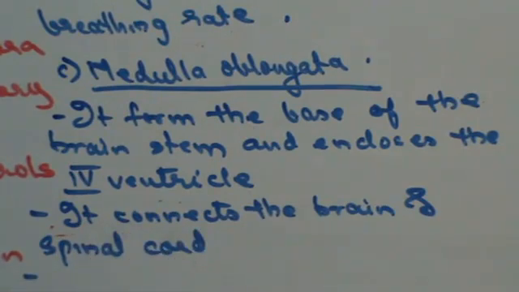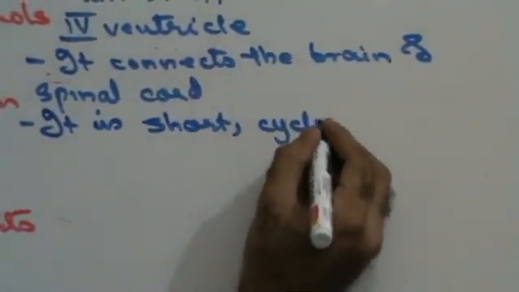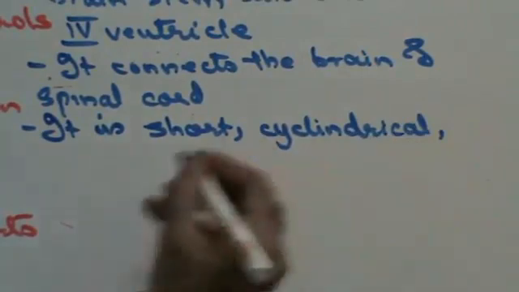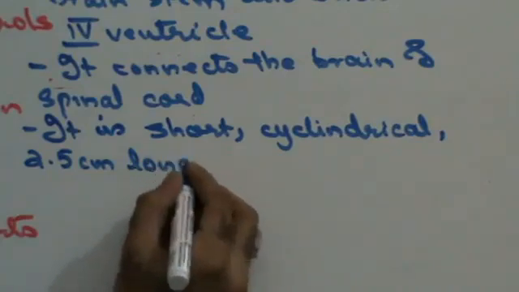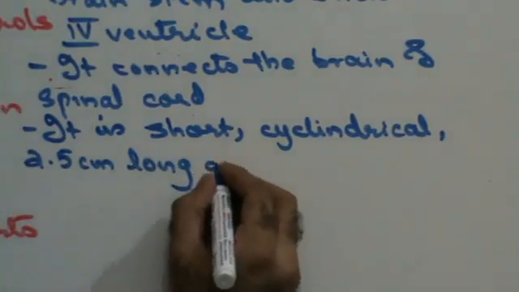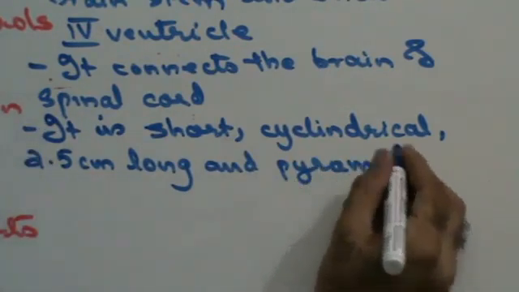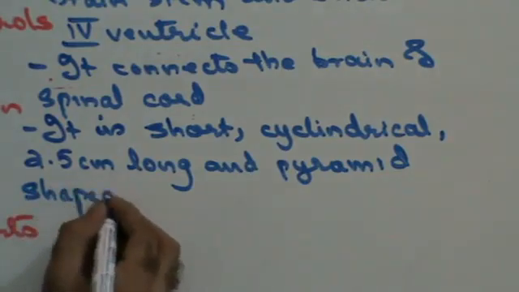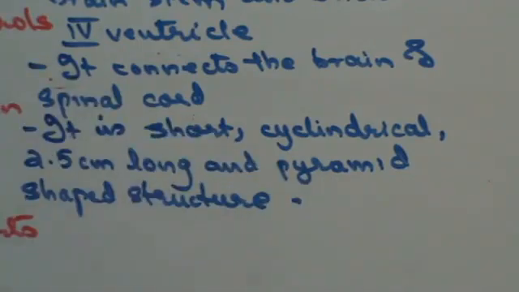It is a short, cylindrical, 2.5 centimeters long, pyramidal shaped structure. Right? That's my medulla oblongata.